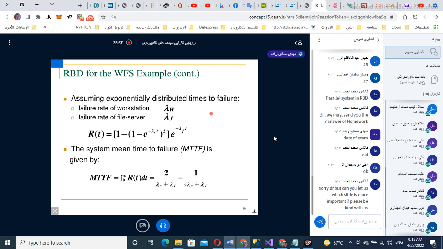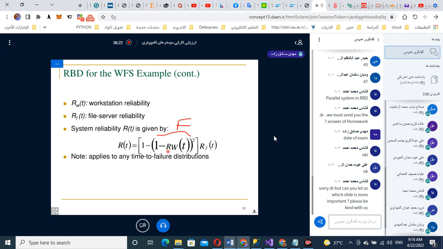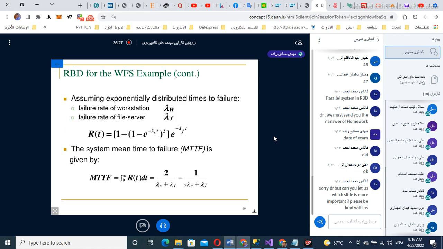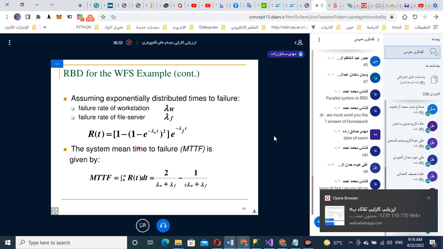Assume exponentially distributed time to failure. The failure rate of the workstation is lambda W, and the failure rate of the file server is lambda F. So with substitution into the previous equation, we get 1 minus (1 minus e to the minus lambda W t) to the power 2.